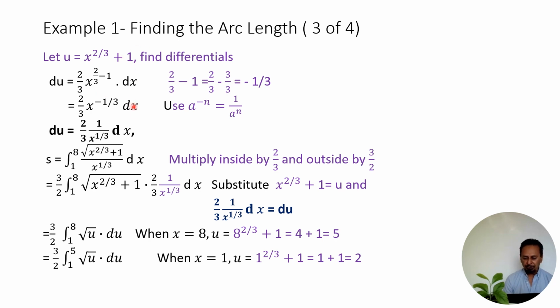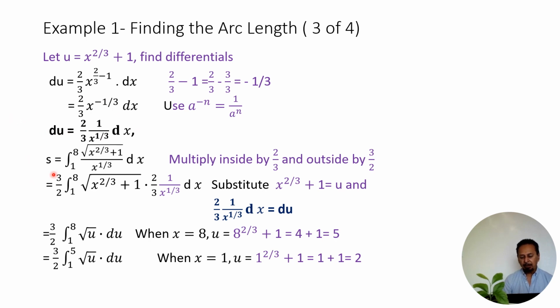The derivative of 1 is 0, and multiply with dx. Now we have to simplify: 2/3 minus 3/3 is negative 1/3. So you now have 2/3 x to the minus 1/3 dx. Let's rewrite it as 2/3 times 1 over x to the 1/3. So this is the differential.